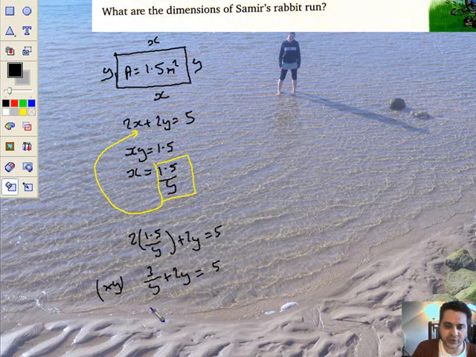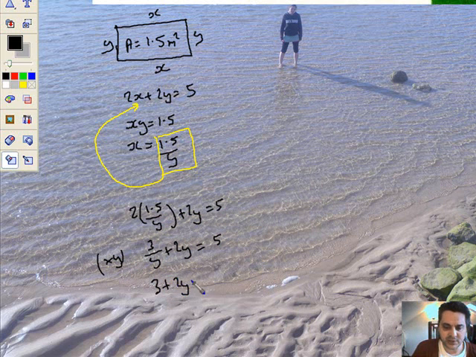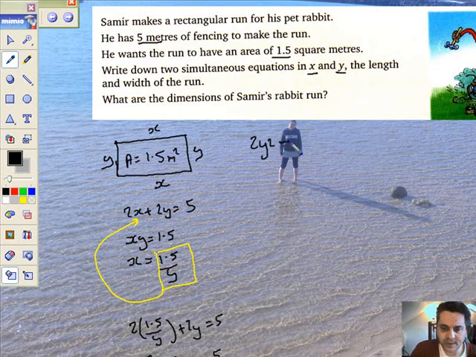So I've got 3 plus 2y squared equals 5y, and rearranging that, 2y squared minus 5y plus 3 equals 0.